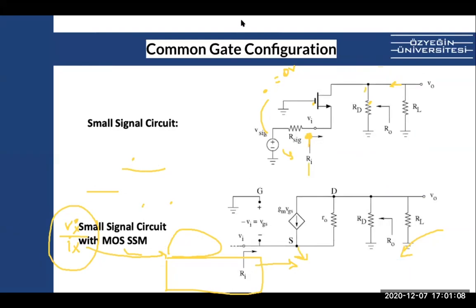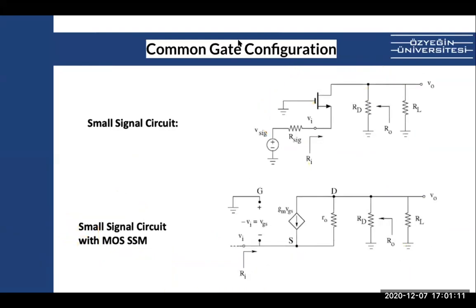So now let's look at the common gate. When it is common gate, you have to solve the circuit again, but now where you apply the input and where you apply the output, they change, right? And because they change, you have to put the same small signal model in a different configuration. So the configuration now becomes this one.